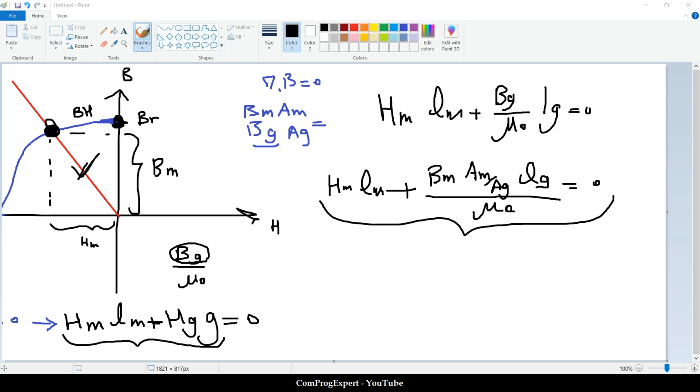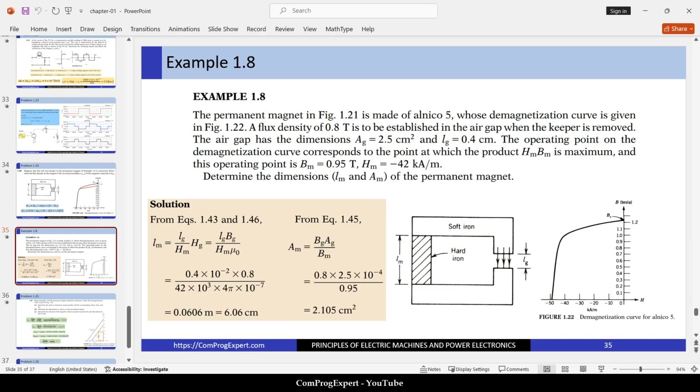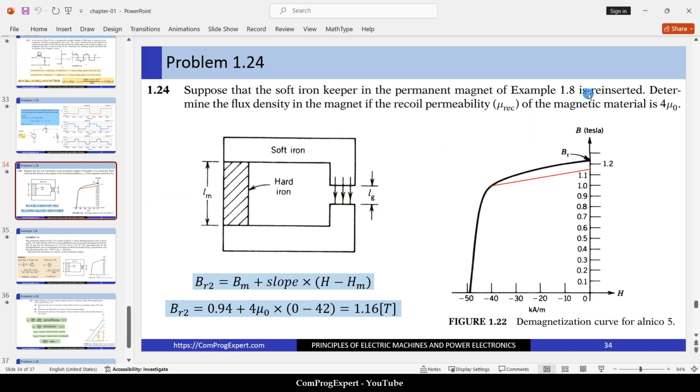So dimensions are given in this figure. You can see the length of the magnet, the area of the magnet, and the operating point. So we should reinsert the iron keeper.